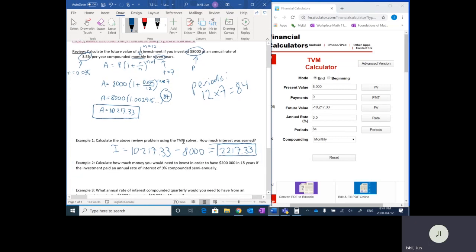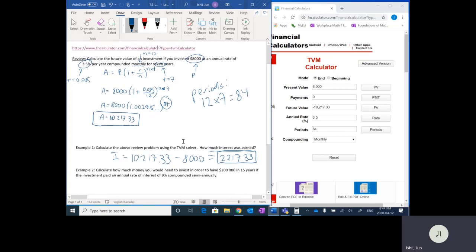So the next example, we're going to calculate how much money you would need to invest in order to have 200,000 in 15 years if the investment is paid at an annual interest rate of 9%, compounded semi-annually. A lot of information here. First thing we want to do is see what it's actually asking. How much money would you need to invest?